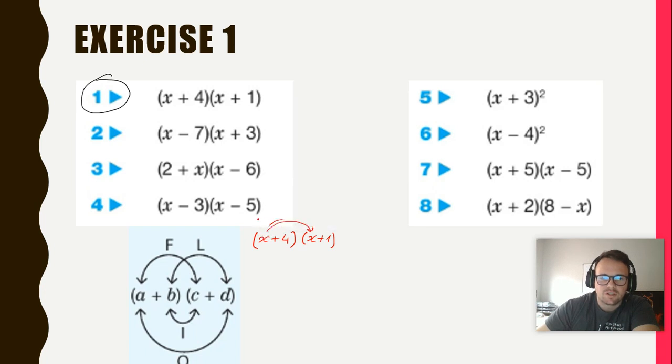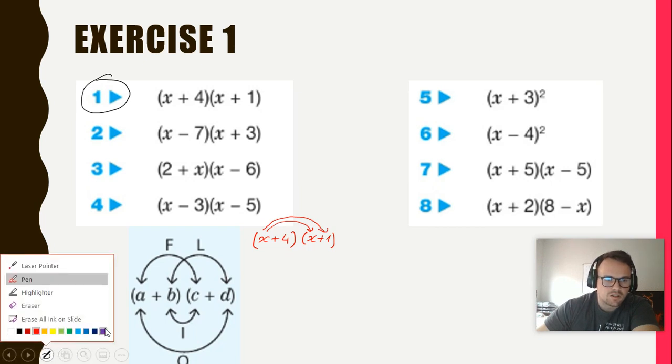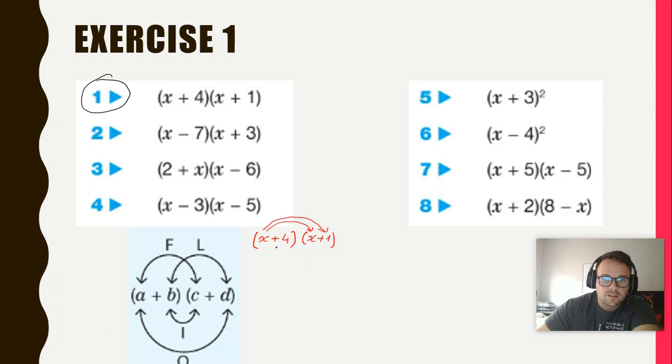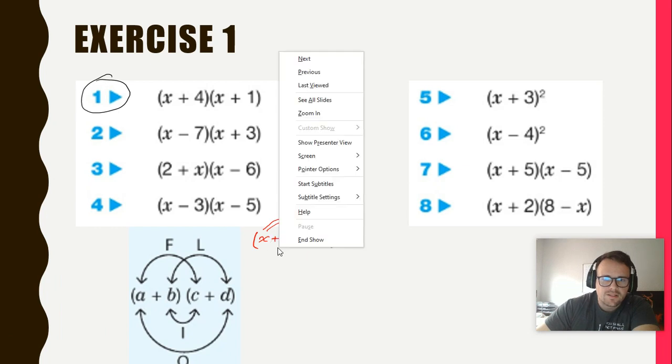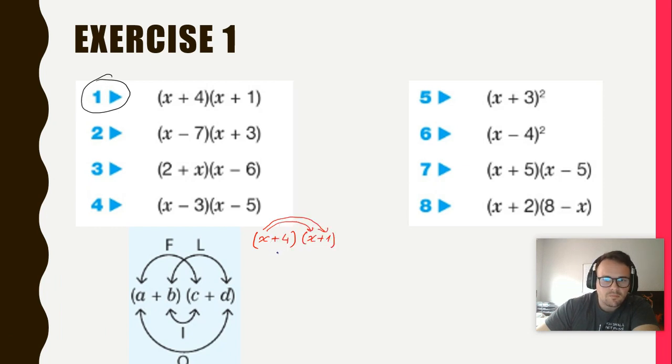First term in the first bracket is being multiplied by the second term in the second bracket. And then I'm just going to use another color. Then the second term in the first bracket is being multiplied by the first term in the second bracket, and the second term in the first bracket is being multiplied by the second term in the second bracket.